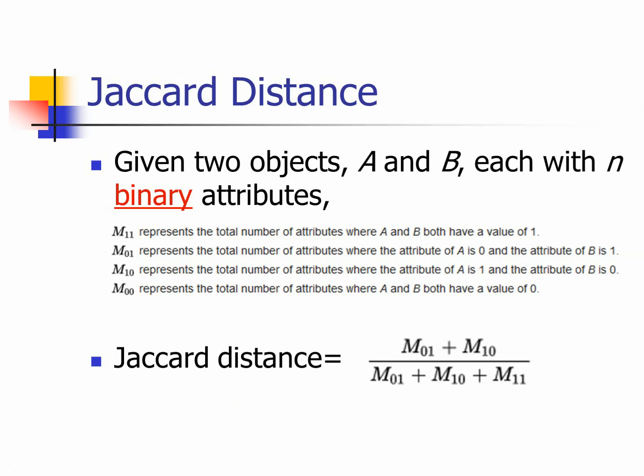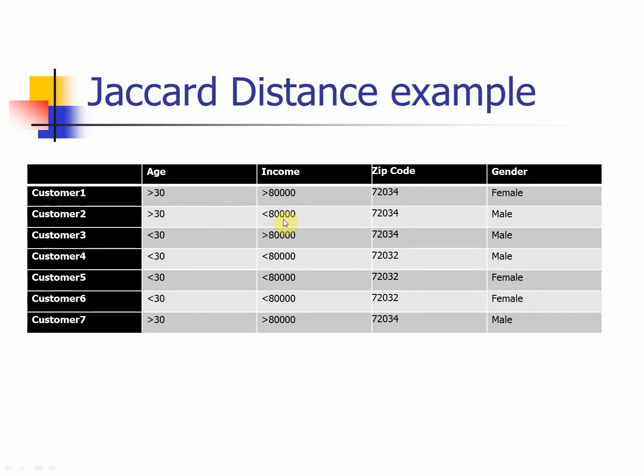So these are the major measures that we use for binary data sets. Here is an example that you should be familiar with already. I have some data sets with 7 customers, and their age, income, zip code, and gender are given.